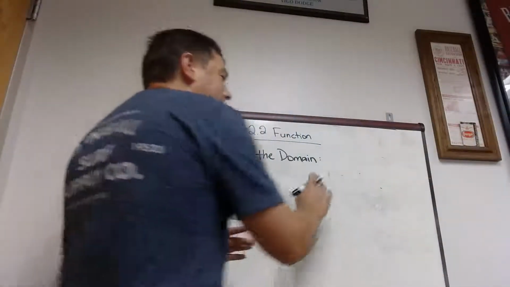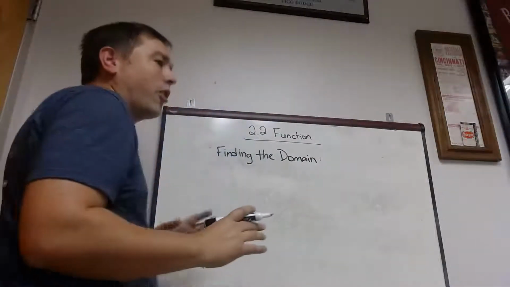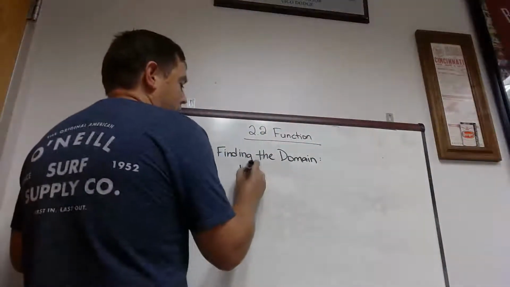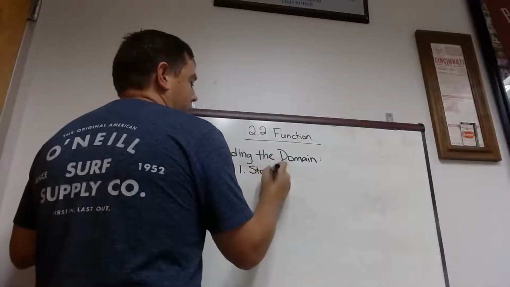If we can't find anything that disproves it, then it must be true. And that's kind of the same process that we're going along here when we're finding the domain. We're going to start with everything. We're going to say the domain is every real number that we can think of. So that's the process we're going to start with, all real numbers.